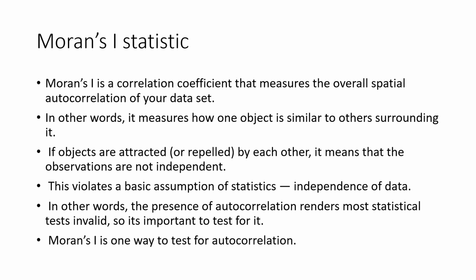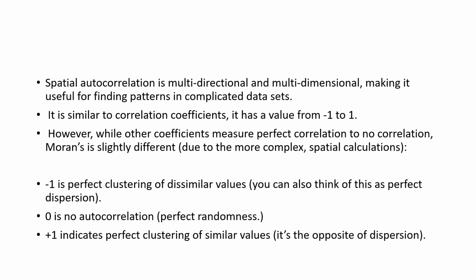Moran's statistic is one of the important ways to test for autocorrelation. It is mainly used for spatial autocorrelation, or for multi-directional or multi-dimensional autocorrelation, so you will be able to find patterns in complicated data sets.